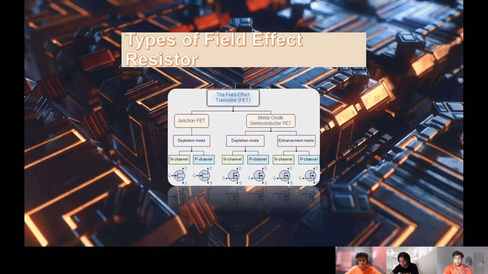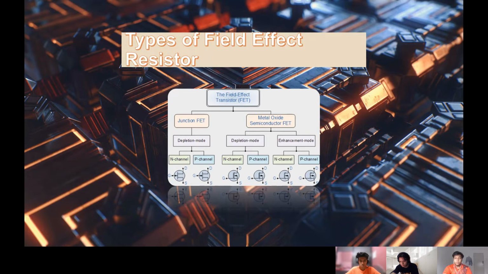The field effect transistor is divided into two, which are junction FET and metal oxide semiconductor FET. First, we go on junction FET. Junction FET has depletion mode, which is also divided into two, N channel and P channel. Next, we go on metal oxide semiconductor FET.